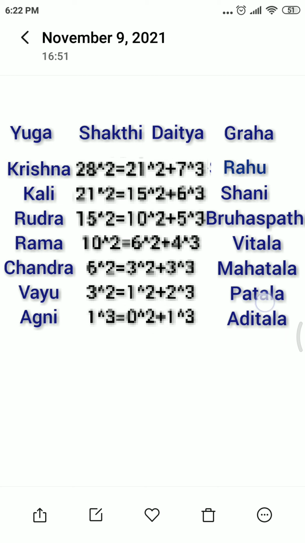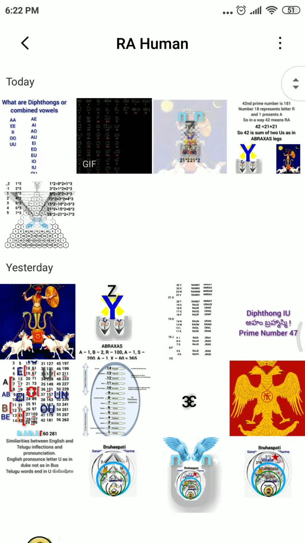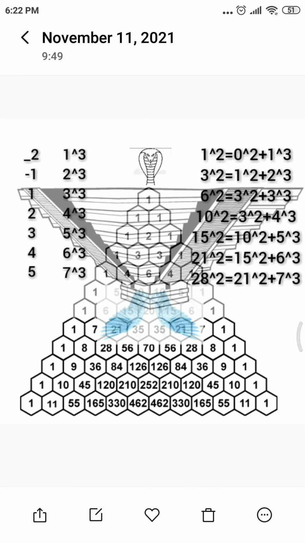So from here, Patala 1 squared, we have it in this figure, we have the 1 squared here. So 0 square, even 0 square is Garbhatala. This is Patala. This is Mahatala, and 6 square is here.